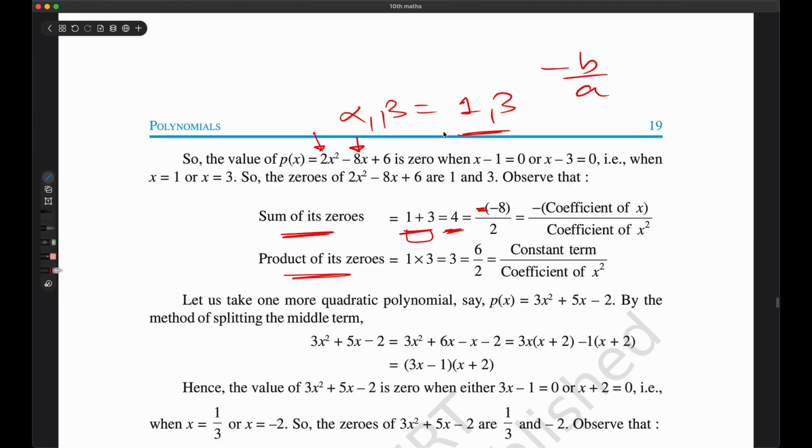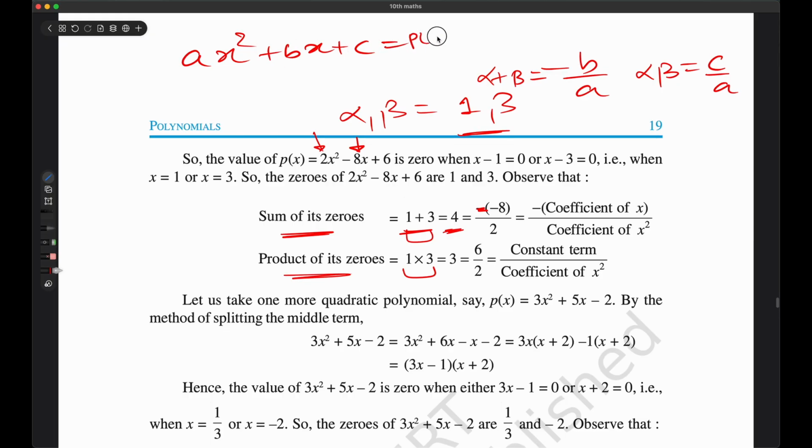And the product is 1 into 3 equals alpha beta. Alpha plus beta equals minus b by a, alpha beta equals c by a, where c is the constant term in ax square plus bx plus c. It is a quadratic polynomial, so c is the constant term, that is 6 in this case. 6 divided by a, the coefficient of x square, that is 2. We get the same result, alpha into beta equals c by a.